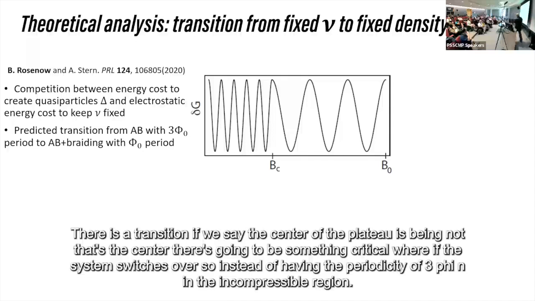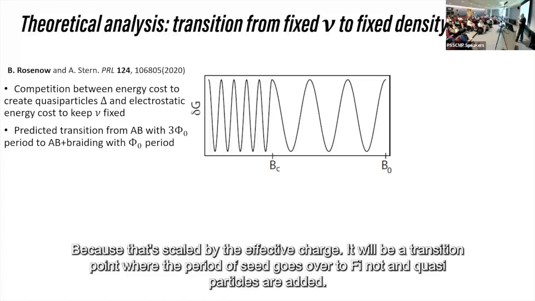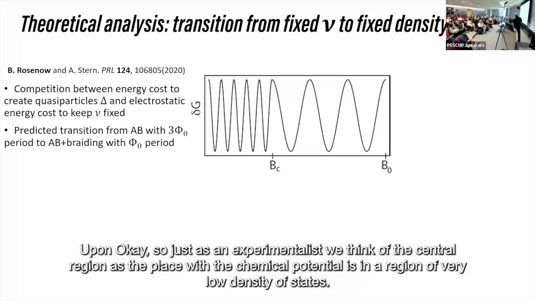If we say the center of the plateau is B naught, there's going to be some delta B critical where the system switches over. So instead of having the periodicity of 3 phi naught in the incompressible region, because that's scaled by the effective charge, there will be a transition point where the periodicity goes over to phi naught and quasi-particles are added upon flux insertion.